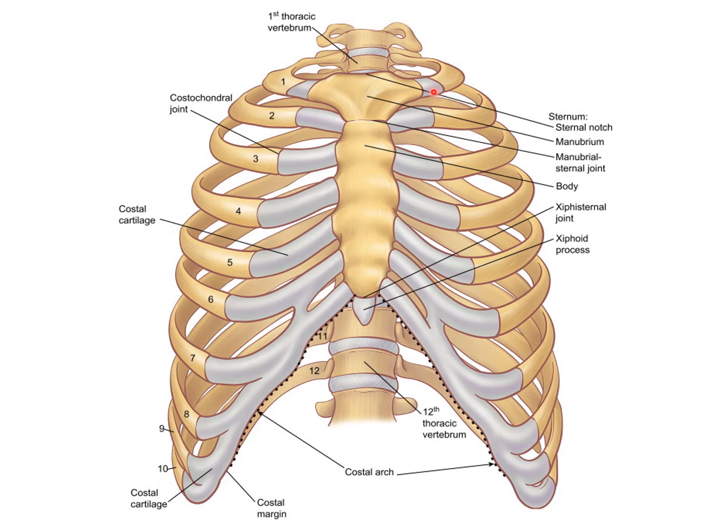The ribs which attach directly by their own costal cartilage to the sternum are called true ribs, like the first rib, second rib, third rib, fourth rib, fifth rib, sixth rib, and seventh rib. But we have other ribs. If you look at ribs 8, 9, and 10, they are attached to the sternum, but not directly.